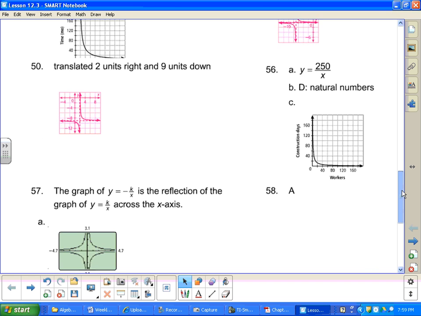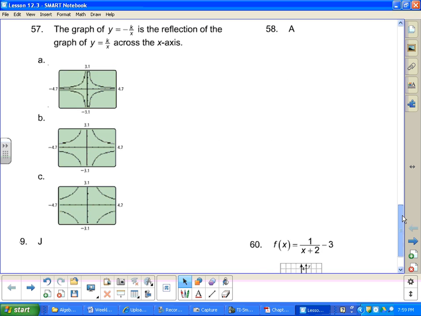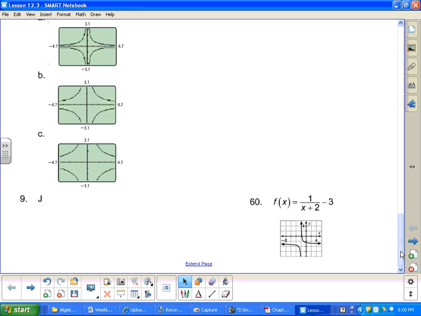And 50, 56, 57, and there's 59, and number 60.